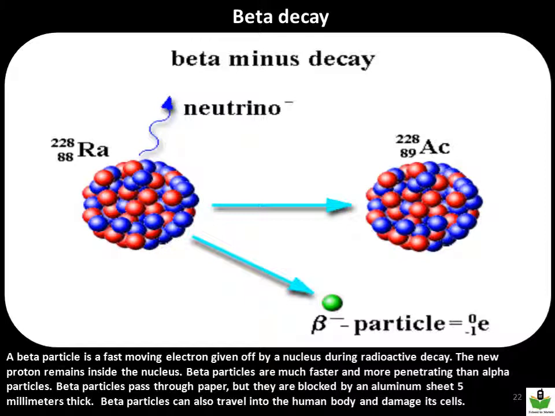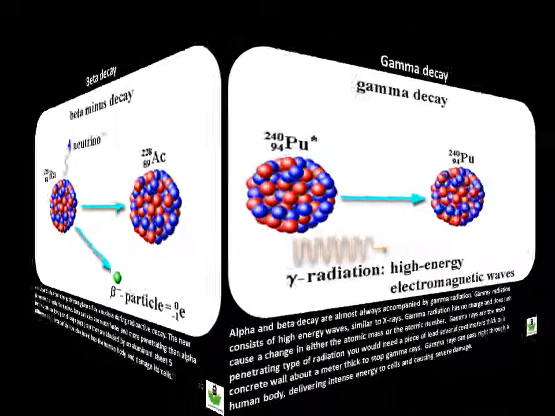Beta particles are much faster and more penetrating than alpha particles. Beta particles pass through paper, but they are blocked by an aluminum sheet 5 mm thick. Beta particles can also travel into the human body and damage its cells.